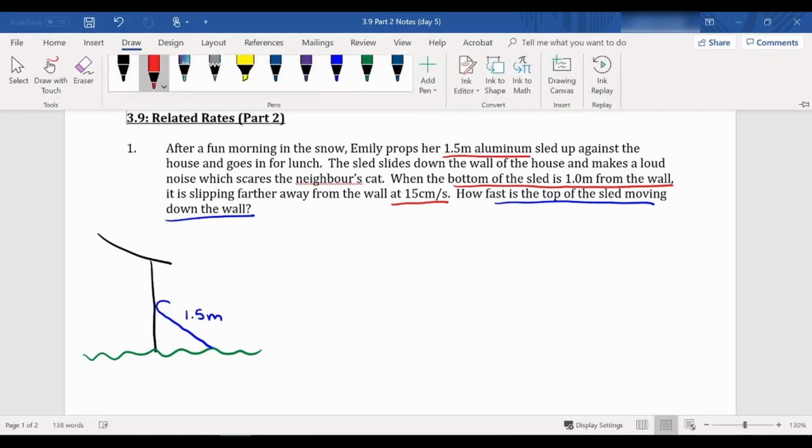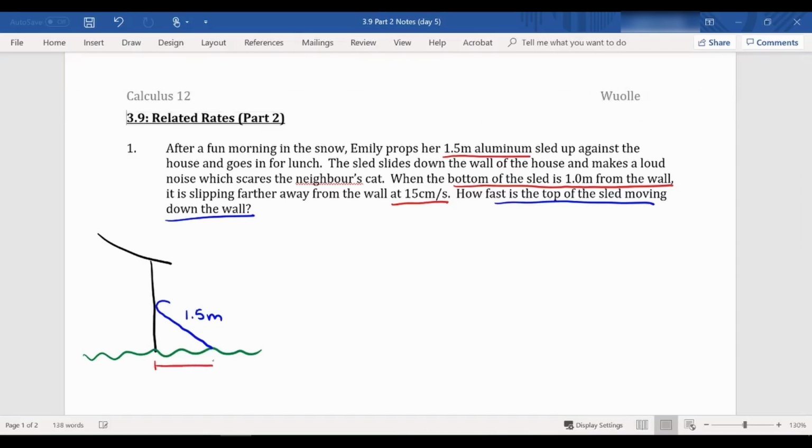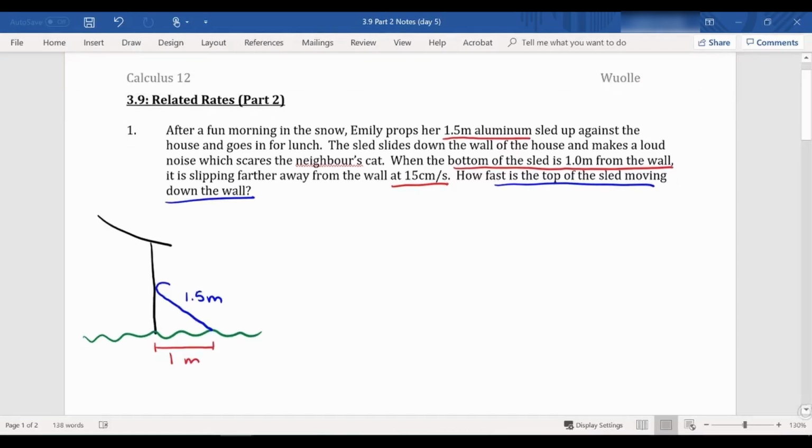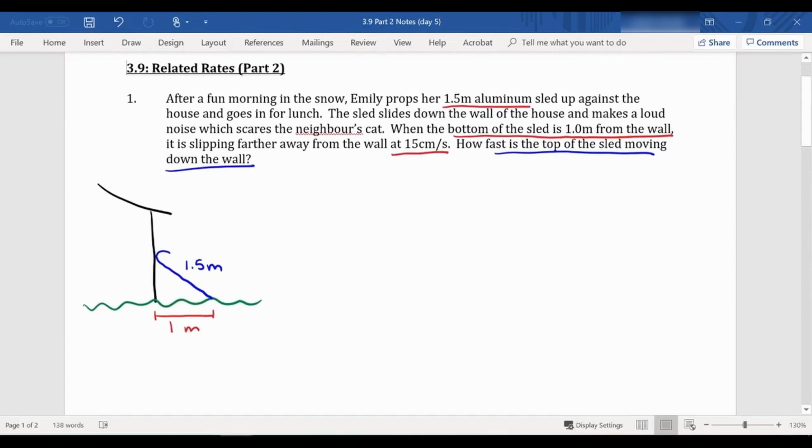And it's telling me that the bottom of the sled is 1 meter from the wall. Now it's also telling us that the sled is slipping farther away from the wall. So the bottom of the sled is moving away from the wall that direction at 15 centimeters per second. And it wants to know how fast is the top of the sled moving down the wall.